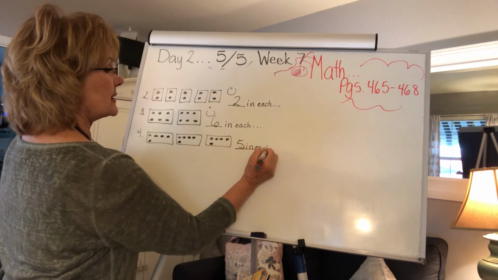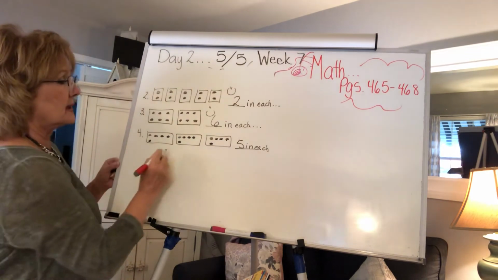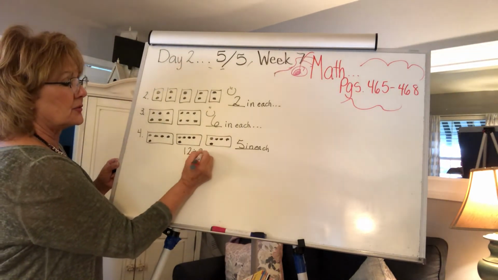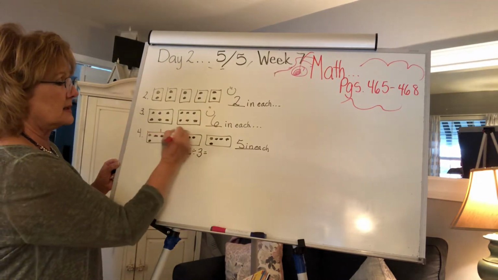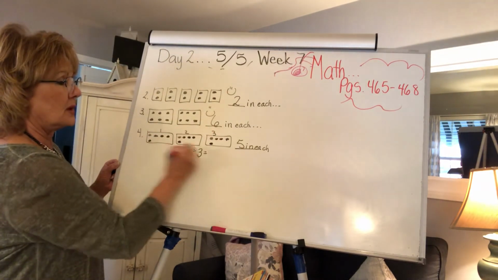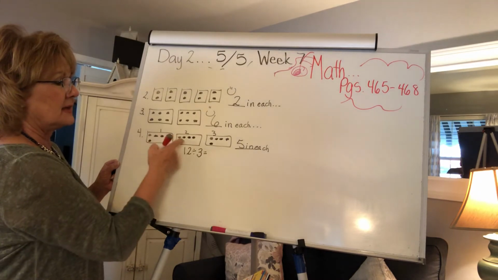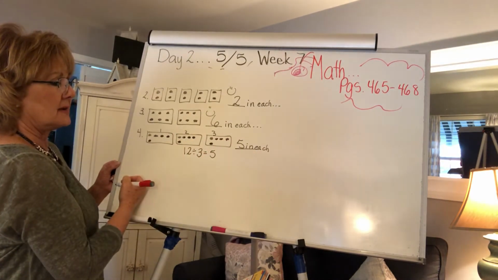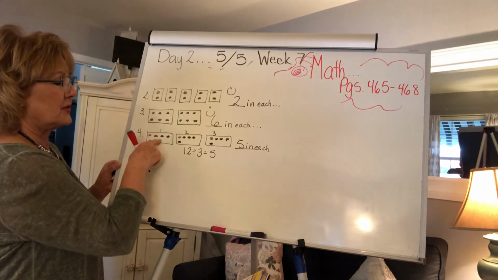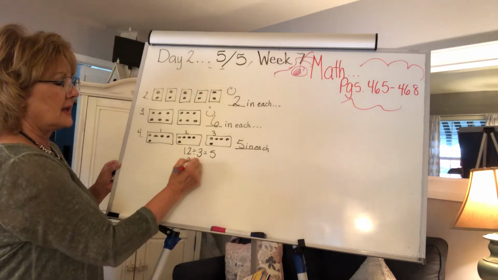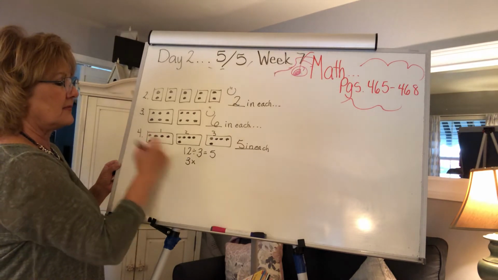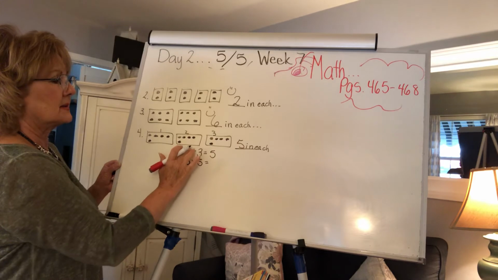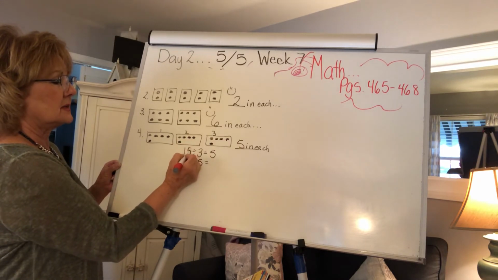Let me show you how division and multiplication are related. This is 15 divided into 3 groups. 1, 2, 3, 15 altogether, divided into 3 groups equals 5 in each, right? What if I took 3 and I multiplied it by 5? Excuse me.